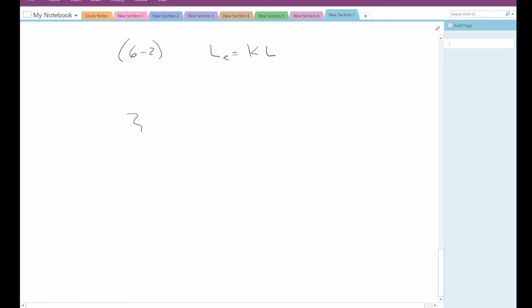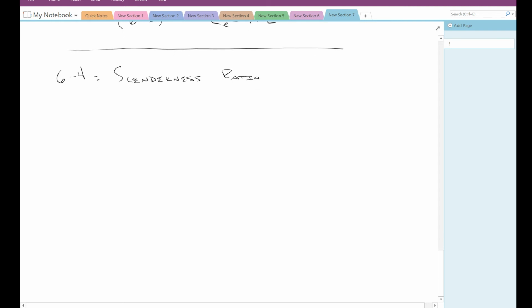Assuming my pen will start working again. Our next section, 6-4, which is our slenderness ratio. All right, so our slenderness ratio is simply the relationship between our effective length of our column and our radius of gyration. So let's say we have a square column, like so.